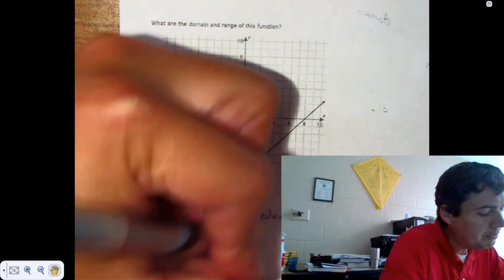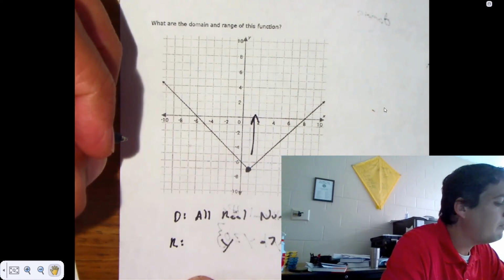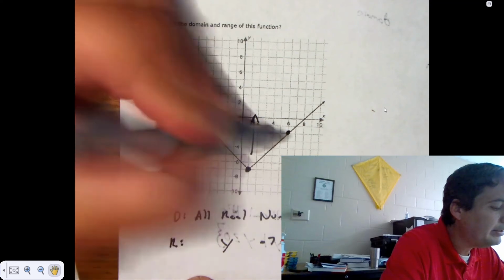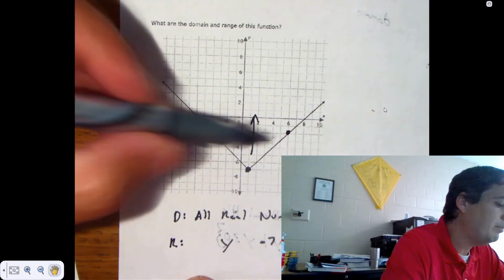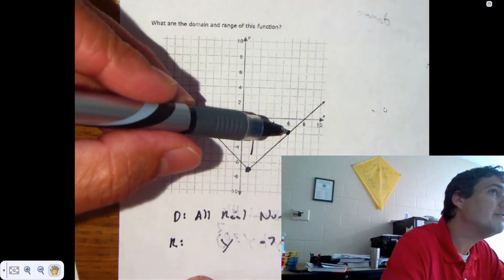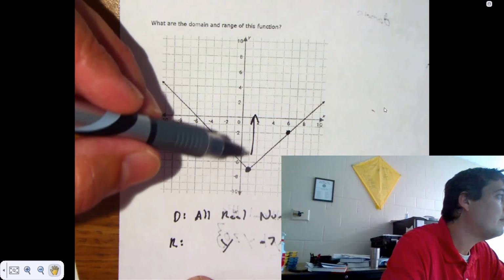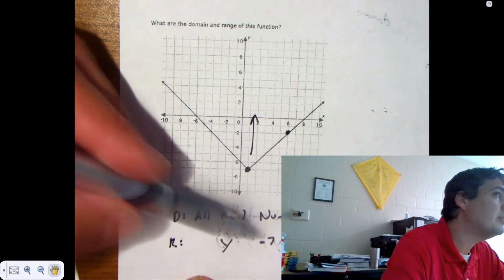So what is y compared to that -7? I'm just going to pick a point on the graph, Alex. Right there, y is -2. Is that more than -7? If I pick a point right here, that's where y is -2. Is -2 more than -7? Yes. What's our relationship to -7?